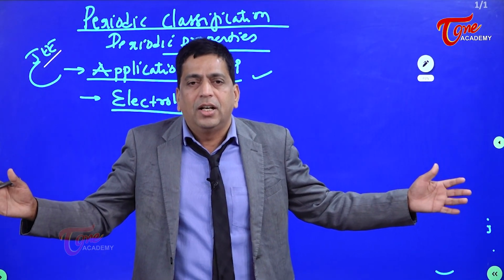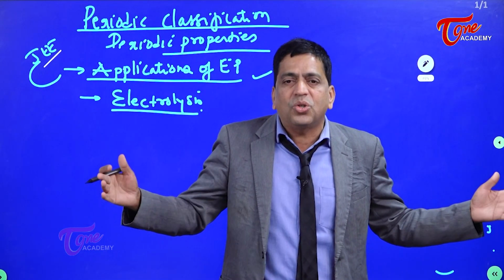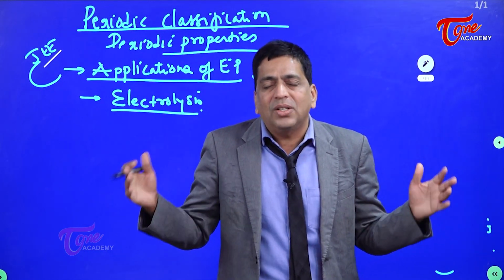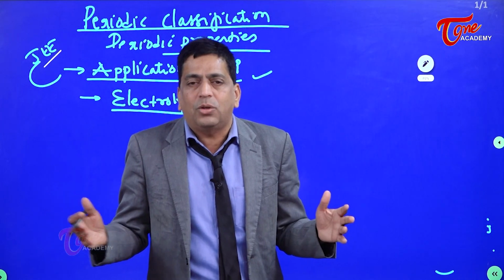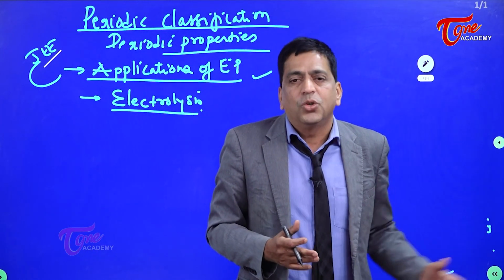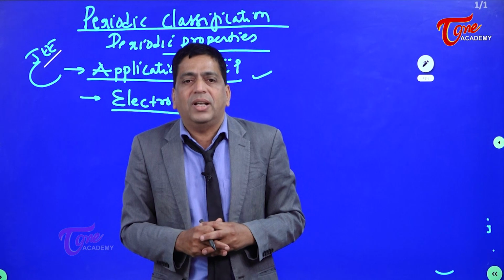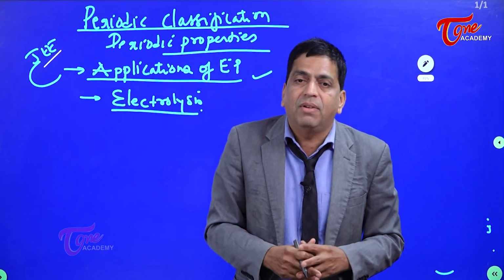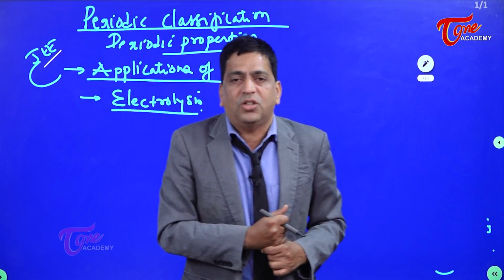So if someone asks where the biggest sizes are present in the periodic table, they are to the extreme left. When you are biggest in the periodic table, your electropositivity will be more, right?